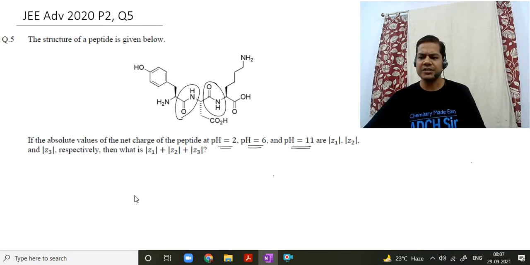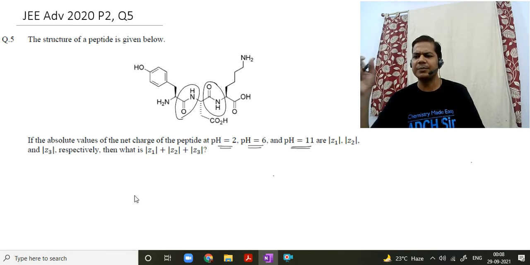So this question is based on a simple but important concept in ionic equilibrium, in which we'll talk about ionization of a weak acid and which species will predominantly exist in aqueous solution for a solution of a weak acid at different pH.